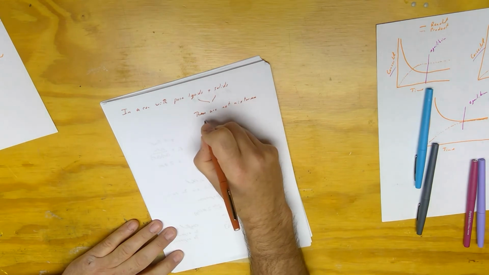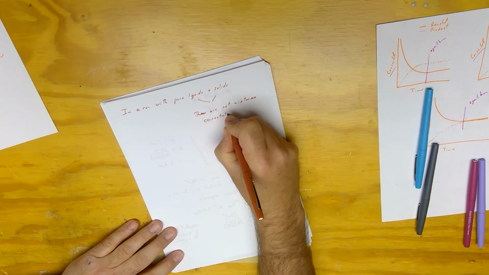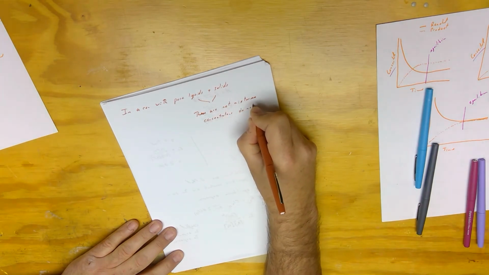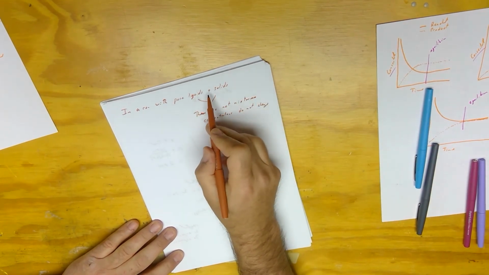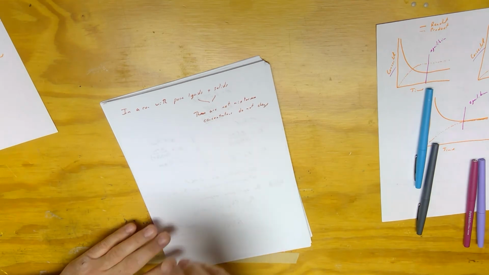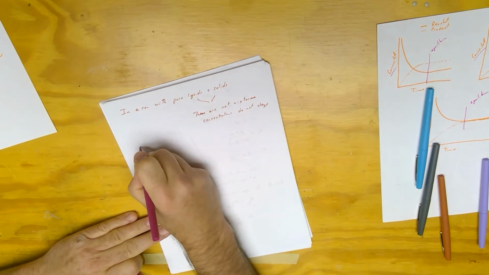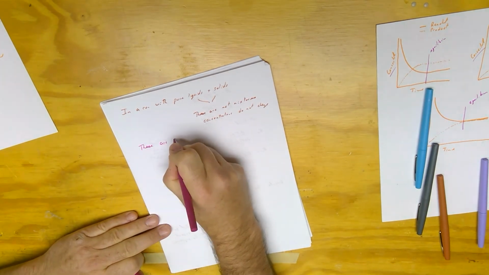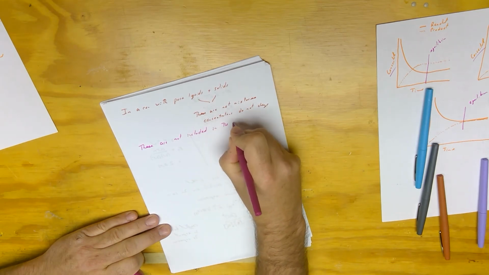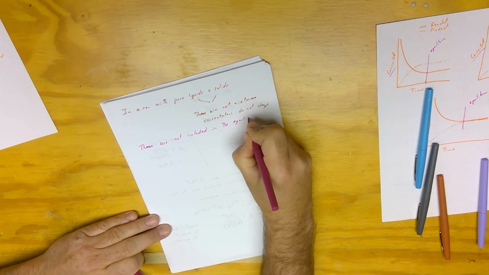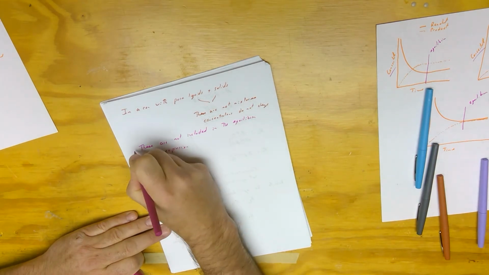They don't have concentrations, or their concentrations don't change. So for solids and liquids, these are not included in the equilibrium expression. And that's important.